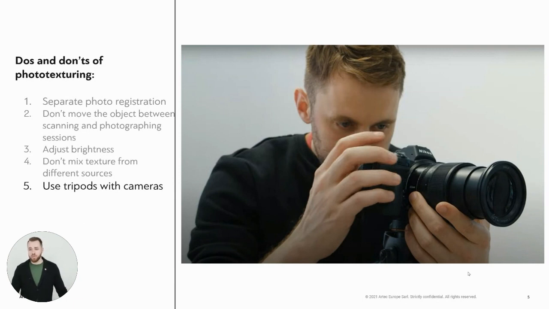Sometimes it is not possible because of the shape of the object. It's got very rich geometry and you need to be able to take pictures from lots of different angles. You need to be very flexible. In that case, it will barely help you. But if you change the exposure time, then it probably makes a bit more sense to stabilize your device so that you get better quality of your pictures.